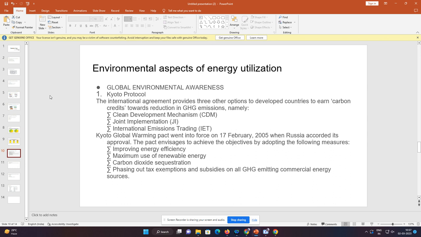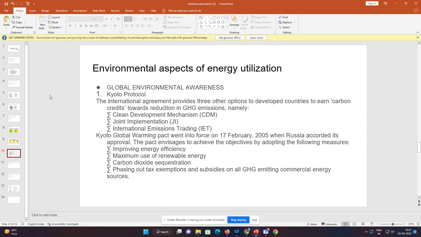First, 55 countries have to approve it by passing national legislation. Second, the approving countries must be industrialized and account for 55% of global emission in 1990.